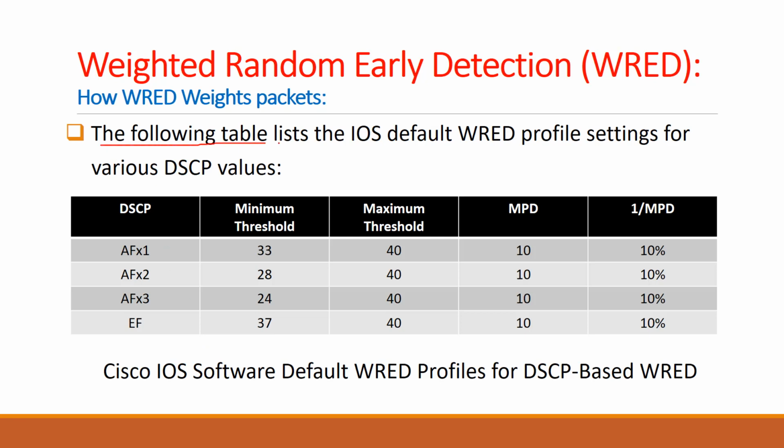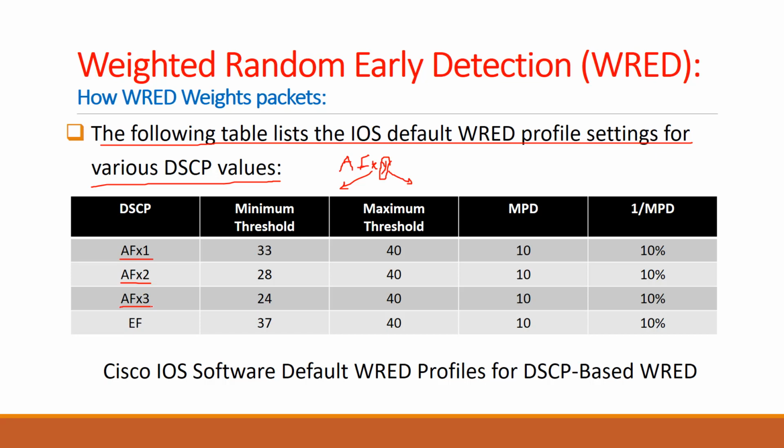The following table lists the IOS default WRED profile settings for various DSCP values. And as you know, for DSCP values, which is assured forwarding, AFXY, X is used for queuing, and Y for the dropping probability. But we are discussing here for WRED the dropping probability to avoid congestion. So these values are for the dropping probability only.